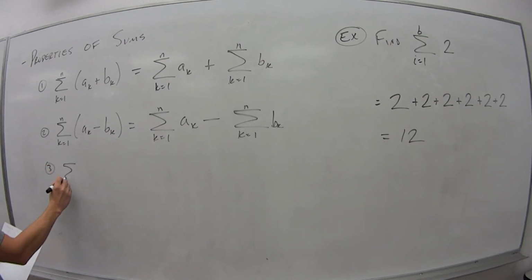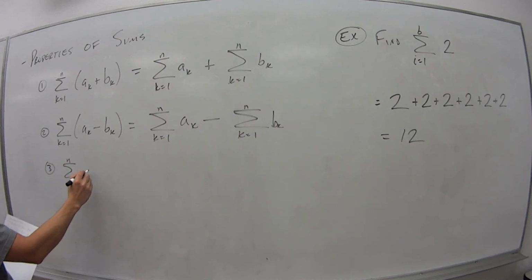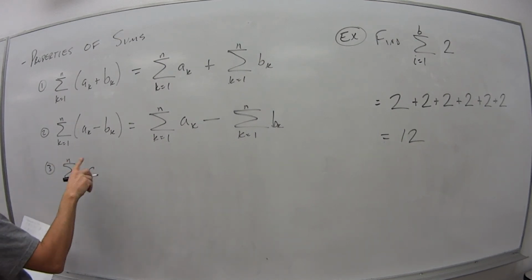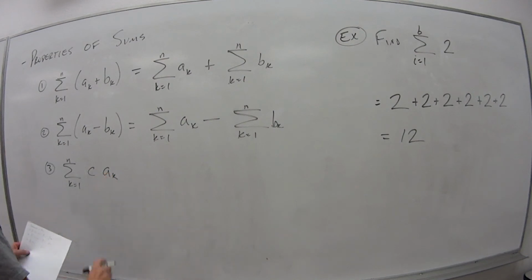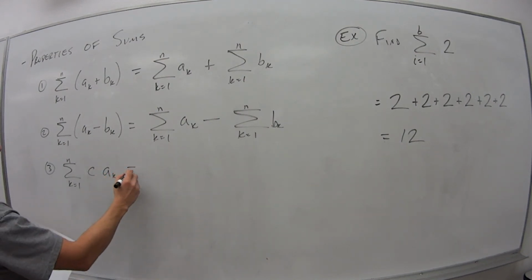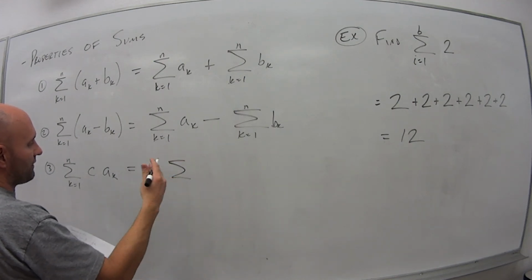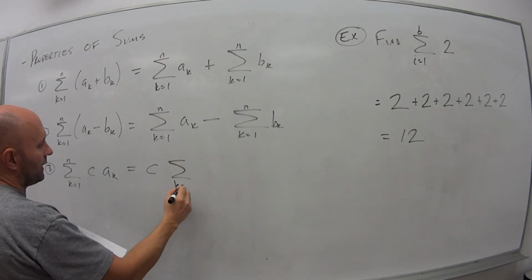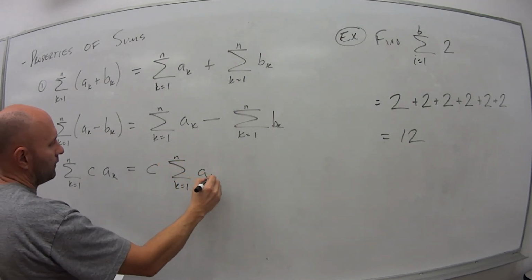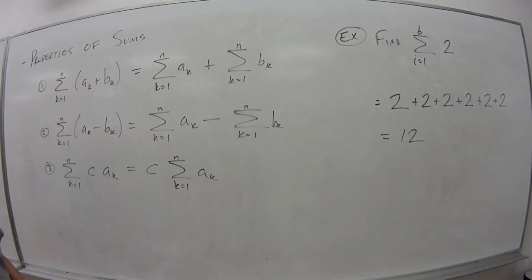And then lastly is if I have a scalar. So if k is 1 to n of some value c times this function a_k, this is the same as if I just bring the c out, basically factor it out, and then have k equals 1 to n of a_k.